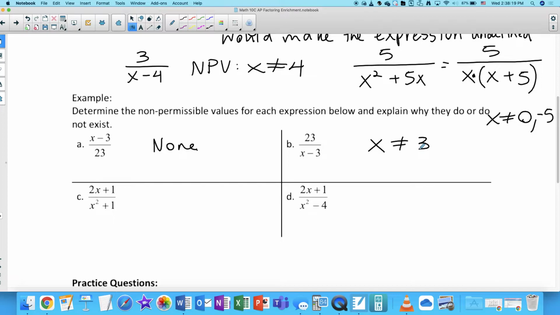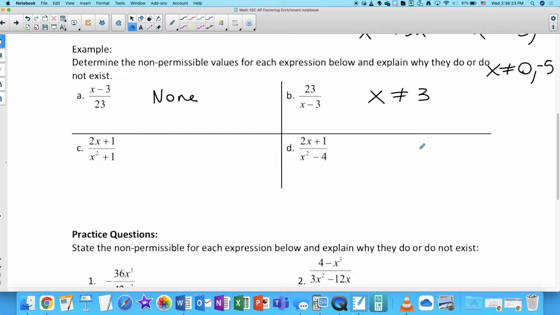Let's look at this one, 2x plus 1 over x squared plus 1. When you're looking at non-permissible values, you only really need to consider the denominator. So what value of x would make x squared plus 1 equal 0? If x is negative 1, negative 1 squared is 1, plus 1.